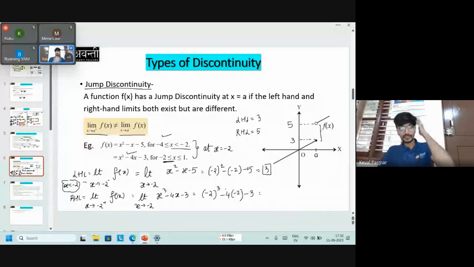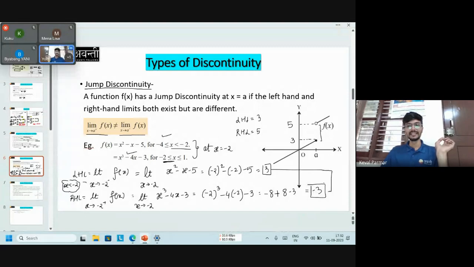Can you calculate this value? Minus 8, plus 8, minus 3. So we get -3. We can see the left hand limit and right hand limit are not the same. If they are not the same, that means the function has a jump discontinuity. Very common name. This is the first type of discontinuity, which is jump discontinuity.